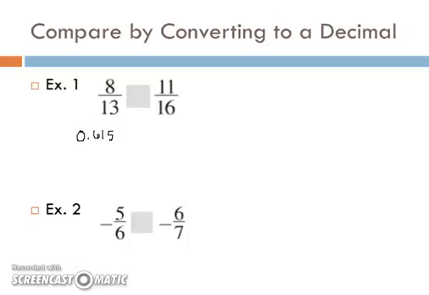If I convert 11/16 to a decimal, 11 divided by 16, I end up with 0.6875. So comparing these two fractions, the 0.6875 is larger, so you'd put 8/13 is less than 11/16. You'd put your less than symbol in, showing that 11/16 is larger.